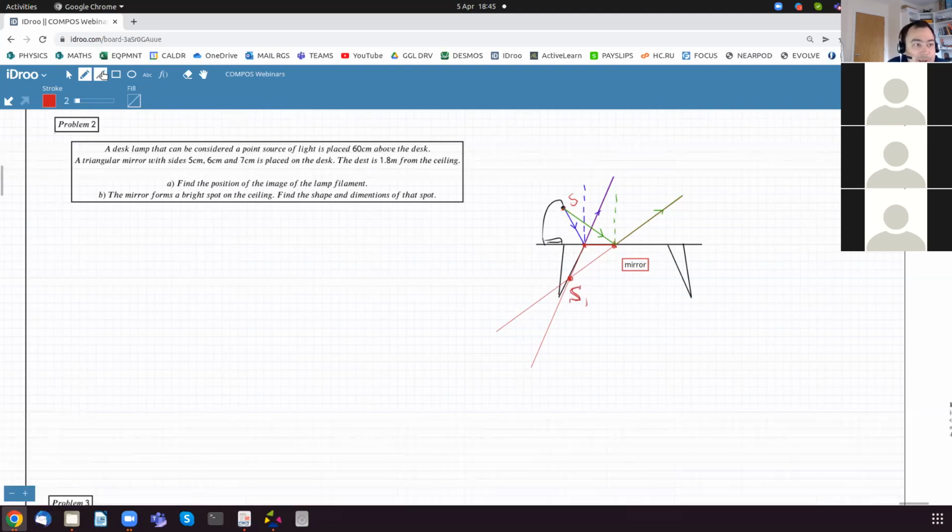And if you draw a vertical line, well, I'm a little bit off, but it should be exactly vertical and the same distance from the surface, so it's going to be 60 centimeters, because the lamp is 60 centimeters above the desk.